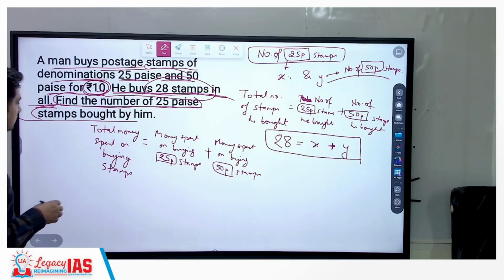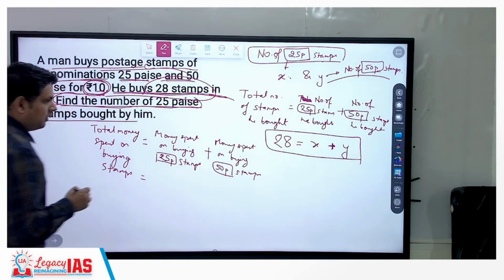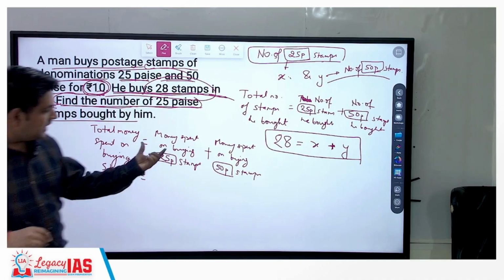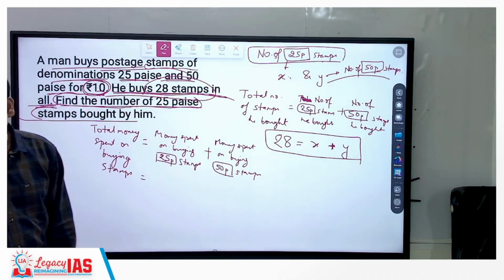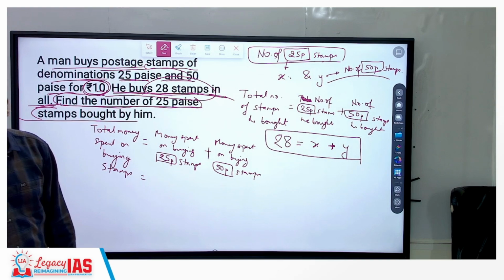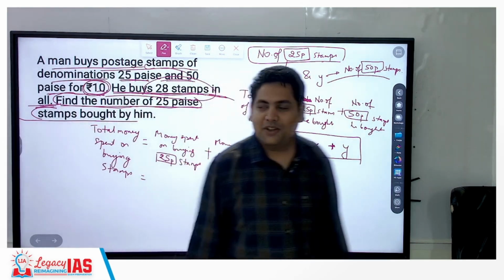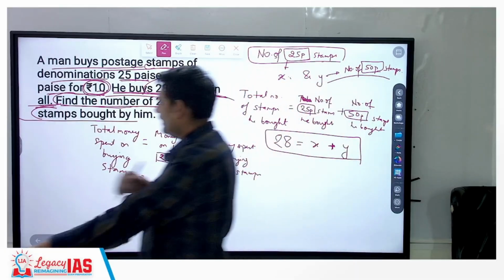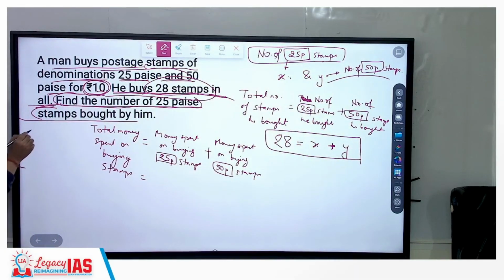Now what do you do? What is the money spent on buying 25 paise stamps? Understand this. Let's say you have 5 rupees Lay's packets.